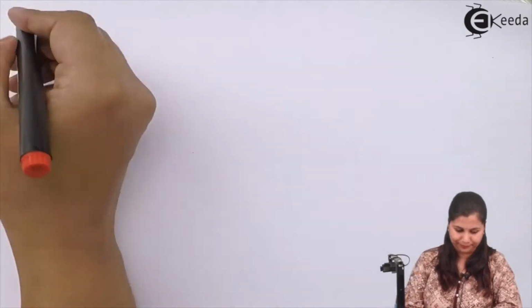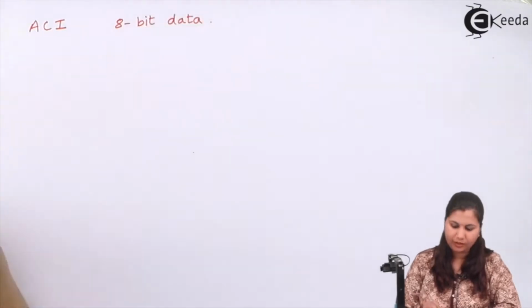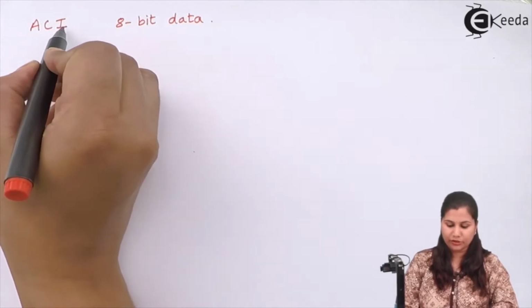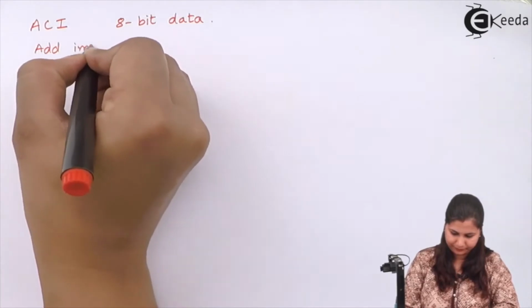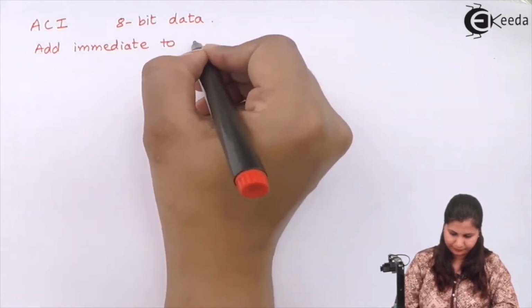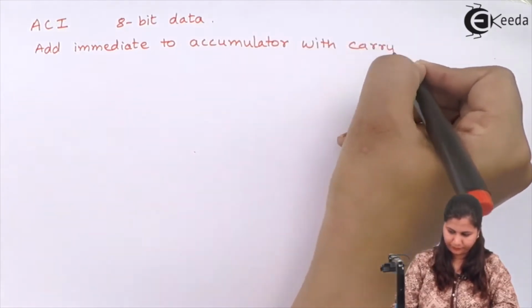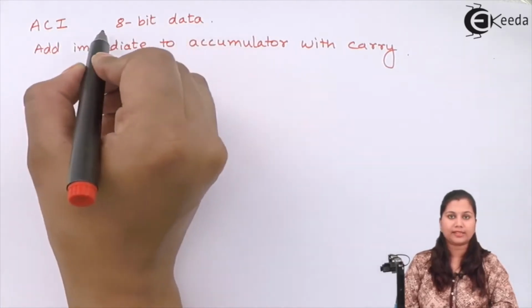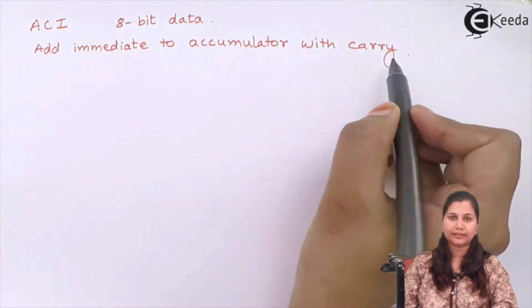The next instruction is ACI. This instruction is to add the accumulator with the immediate data plus the carry. So this instruction is adding this immediate data which is given in the instruction itself to the accumulator along with the carry.